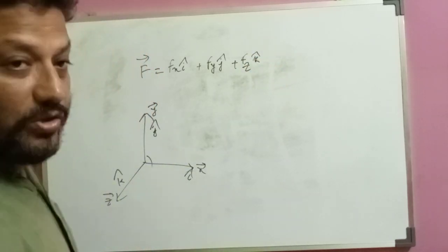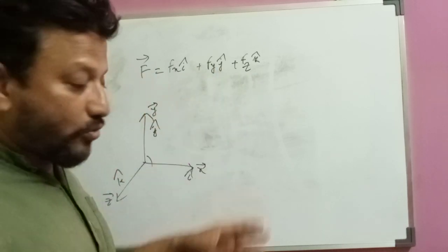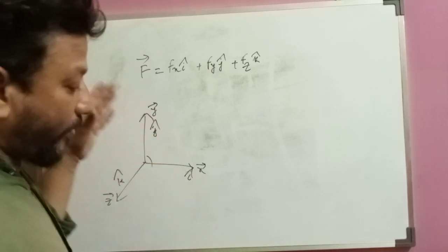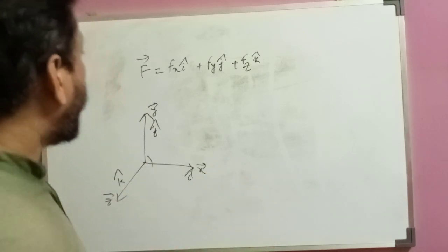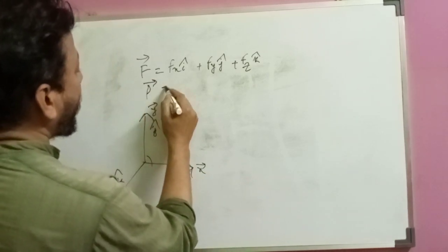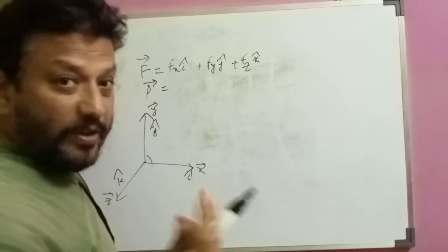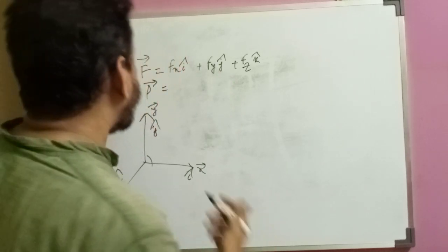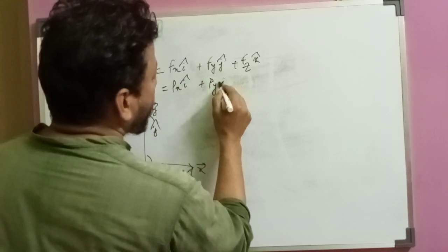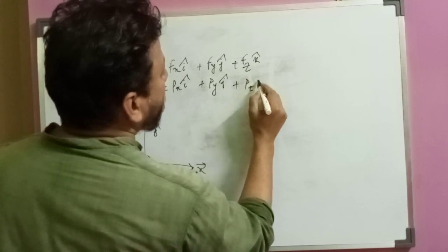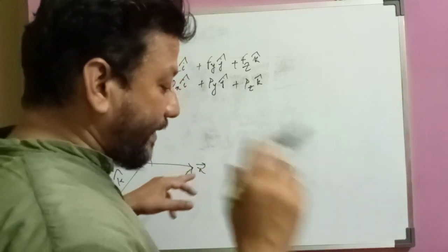This is the vector composition; we are getting the force as a composition of vectors. Similarly for momentum, P will be Px i cap plus Py j cap plus Pz k cap. The derivation is the same for P. We are getting it this way.